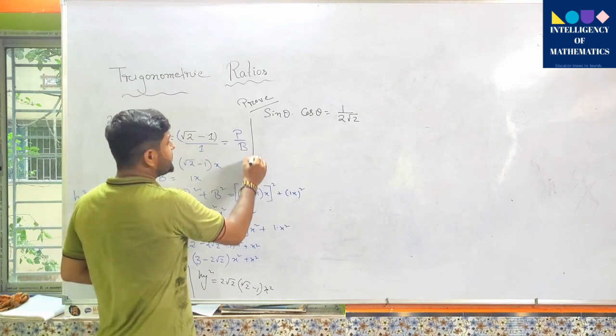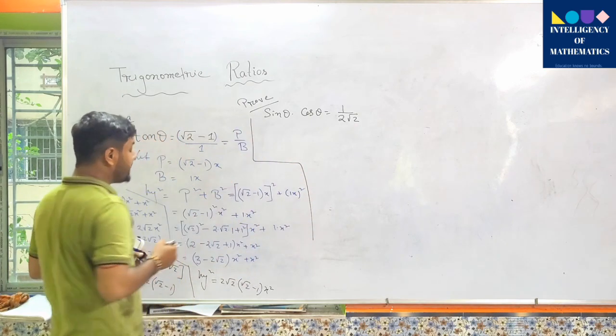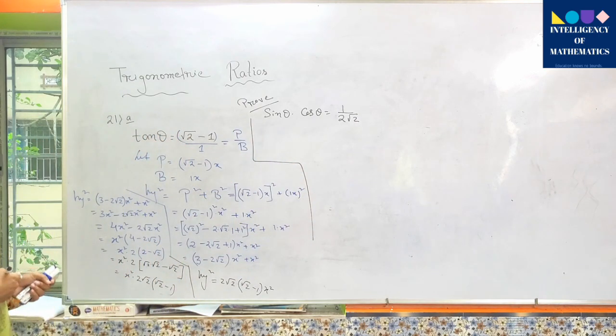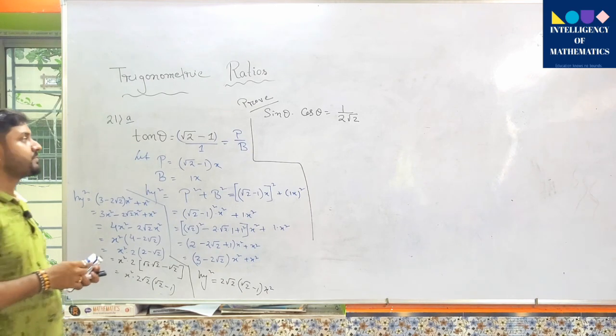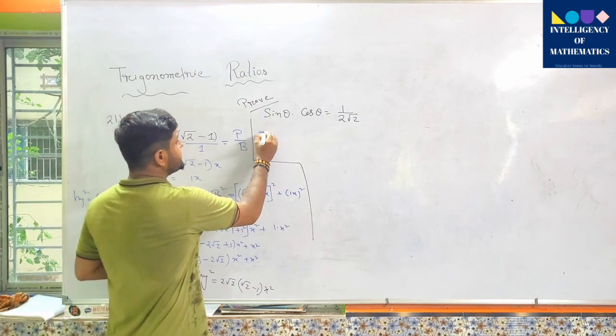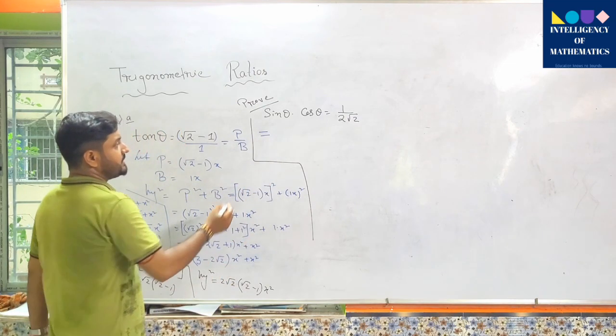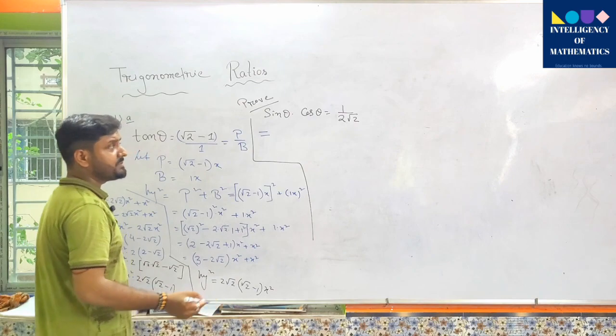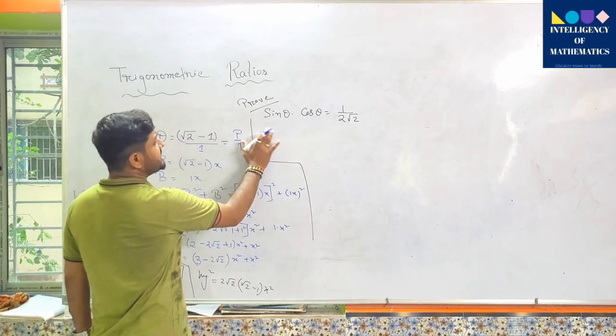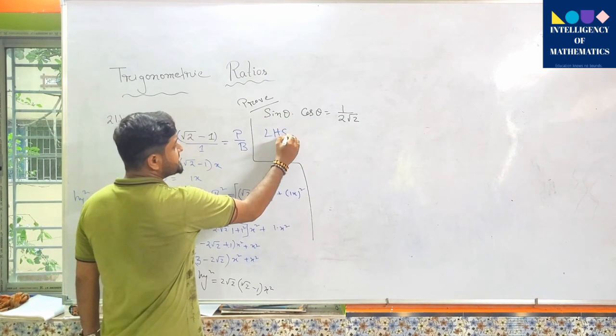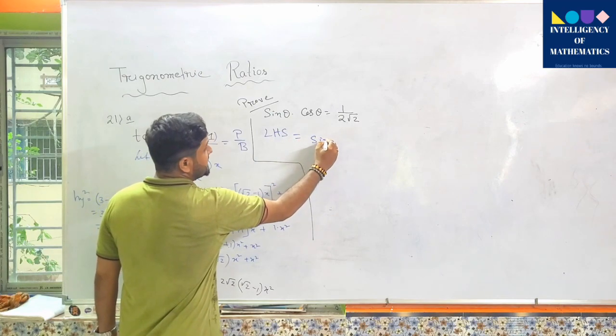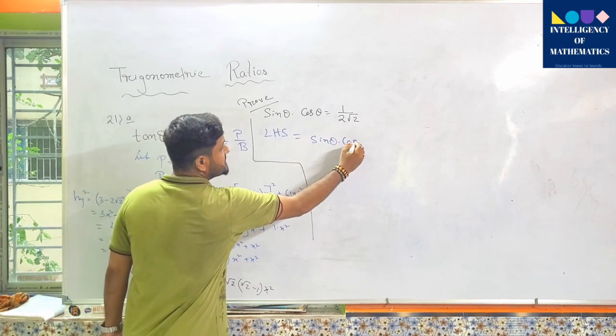Now the value required is this one, and we have been asked to prove sine theta into cos theta's value will be 2 root 2. So what can be done here? We know whenever we are going to prove this type of thing, this side is called LHS. So we'll write left hand side LHS is equals to sine theta into cos theta.